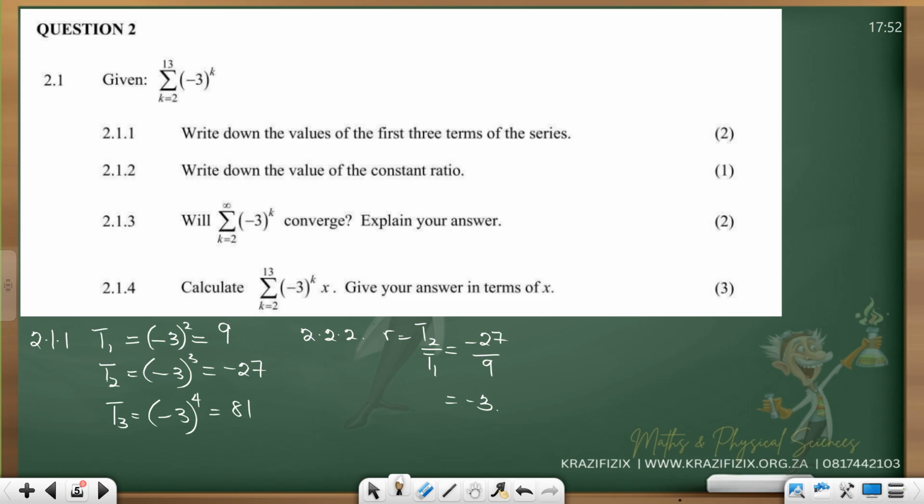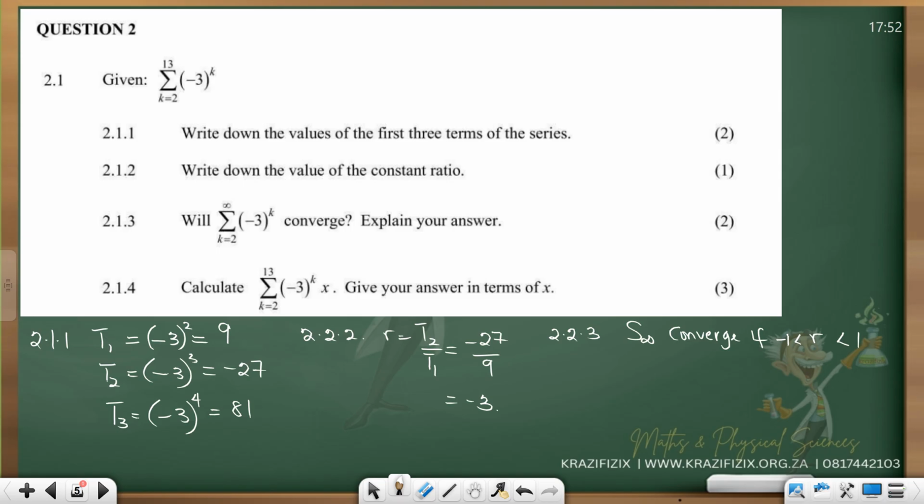Between 0 and 1? No. Something less than 1. All right. 2.2.3. Sum to infinity will converge if R lies between, you're very close, at least you have an idea, when R lies between what? Negative 1 and 1. Okay.